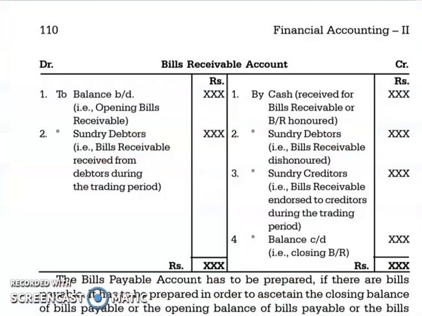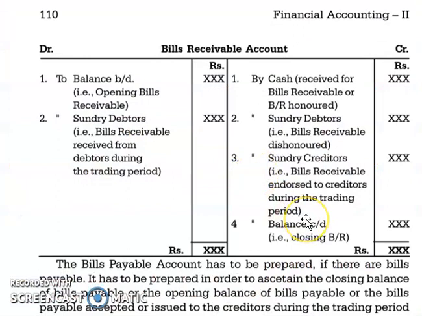So, what are the items included under bills receivable account? On the debit side, we have to balance brought down, that is nothing but opening bills receivable, and second one, to sundry debtors, bills receivable received from the debtors.